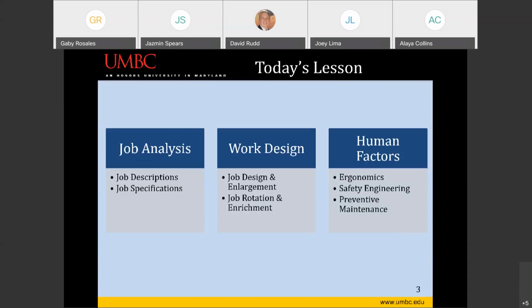Next, we're going to look at work design, and we're going to discuss job design and enlargement and job rotation and enrichment, and that's to help employees grow, perform a little bit better in their job. And finally, we're going to look at the human factors. We'll look at things such as ergonomics, safety engineering, and preventive maintenance, and that'll all be covered under that section.